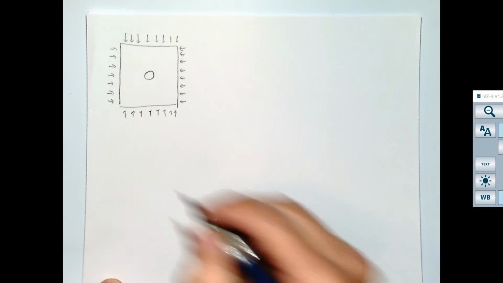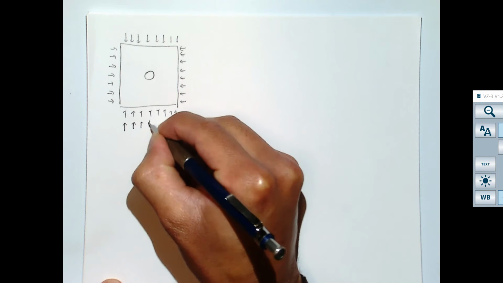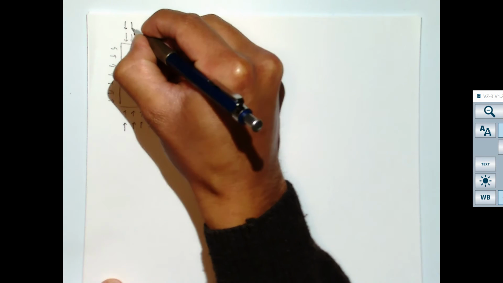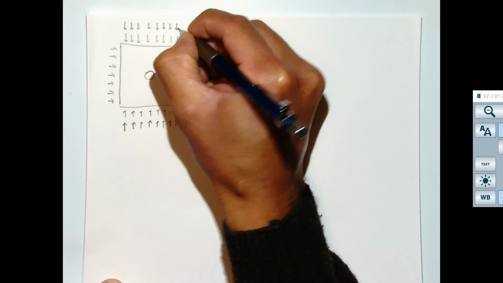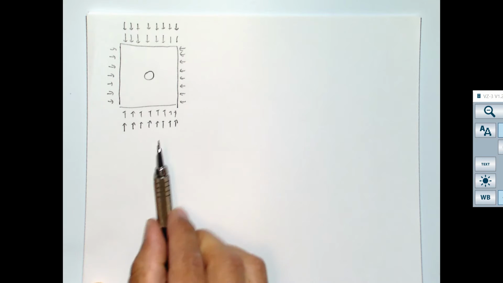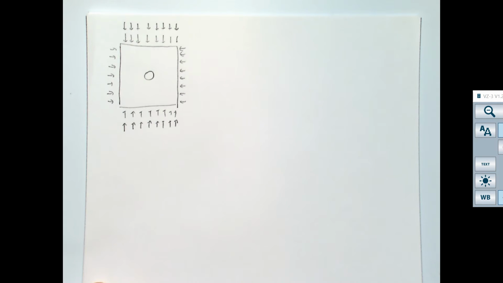So let's imagine in this case that in addition to this background far field stress, I have higher stress in this direction. So now we have what is called an anisotropic state of stress. The stress in this direction is greater than in this direction.